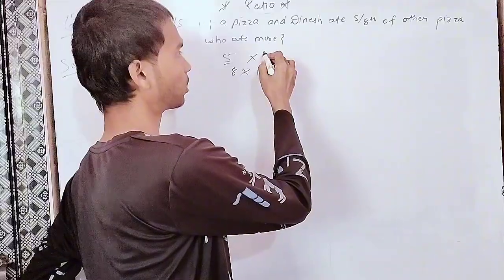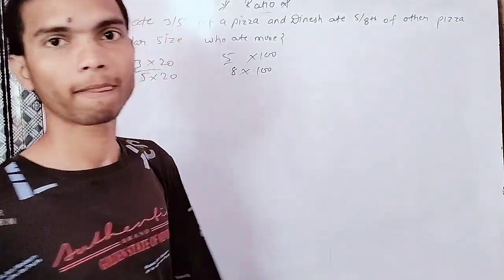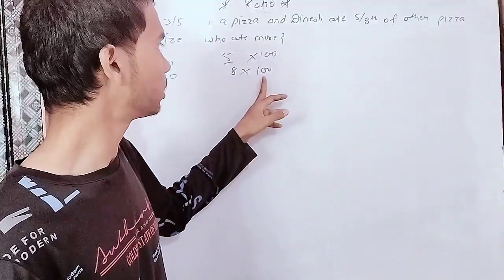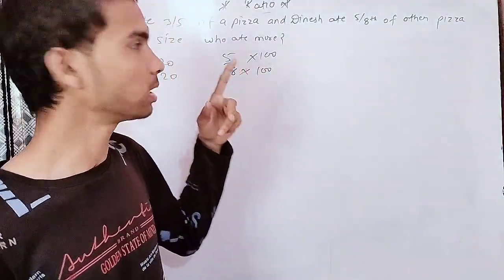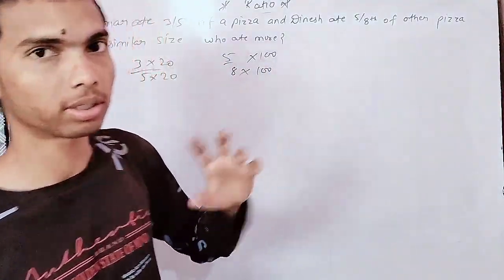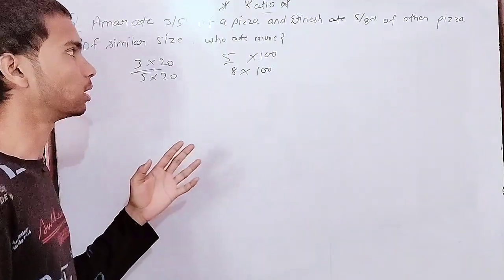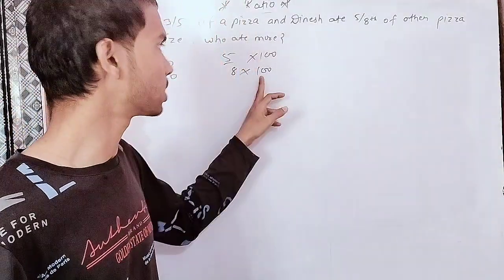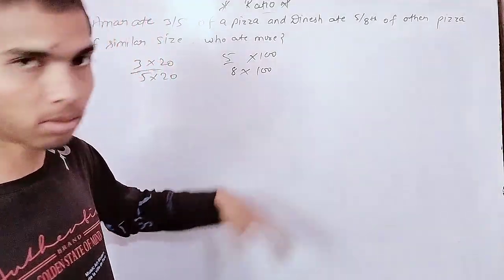In place of the numerator would be how much? 100. But here we don't simplify. We want to simplify this denominator 100 because we will assume that this is 4% and this will be 4%.